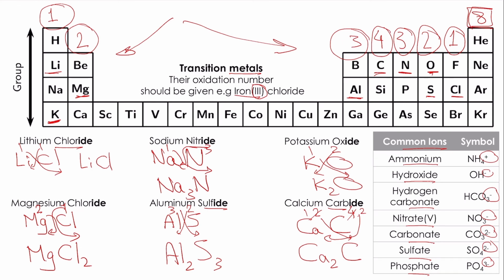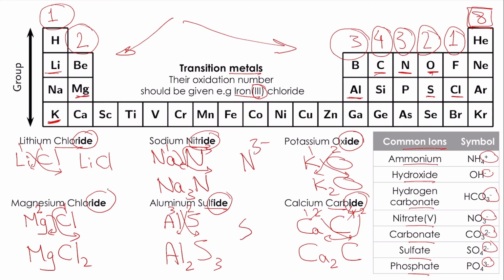Another important thing when you are writing the formula is something very interesting. When you have an ion that ends in ide, it means that this is the ion that's coming from the pure element. What does it mean by that? Nitride is the nitrogen ion, N3 negative.